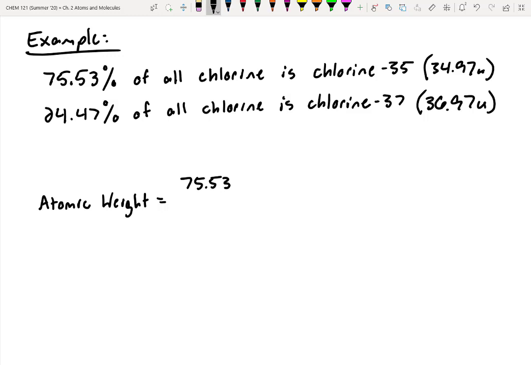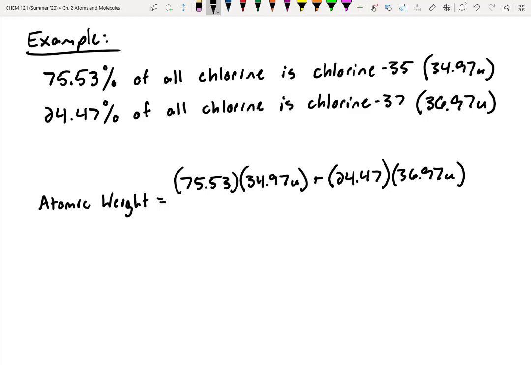In this case, I'm just going to leave it as is and divide by 100 at the end. And the mass was 34.97 atomic mass units. So that's one portion of the natural abundance. And then the other portion we said was 24.47% with the mass of 36.97 atomic mass units. And we'll divide this all by 100.